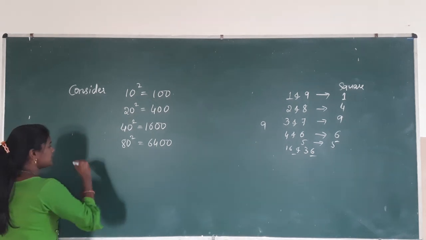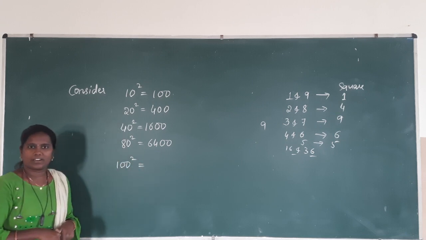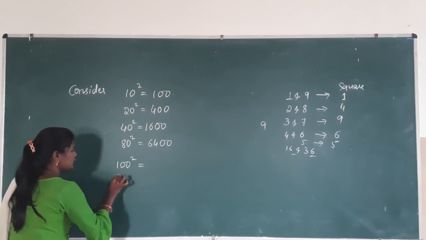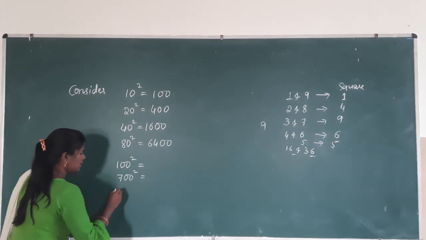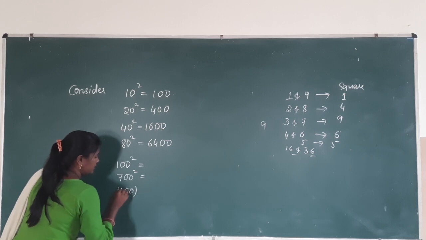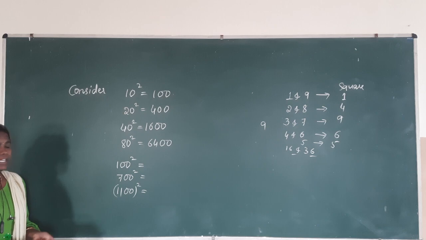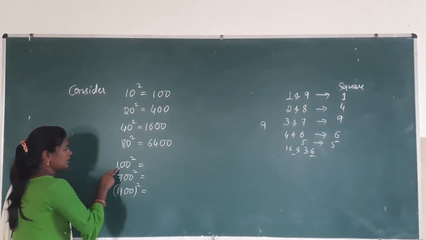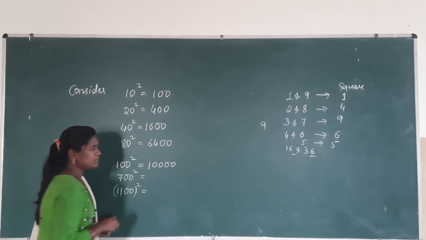Now, if you consider numbers like 100 square, what is 100 square? If you take 700 square, what is its answer? And 1100 square, what is its square? 100 square is 10,000.